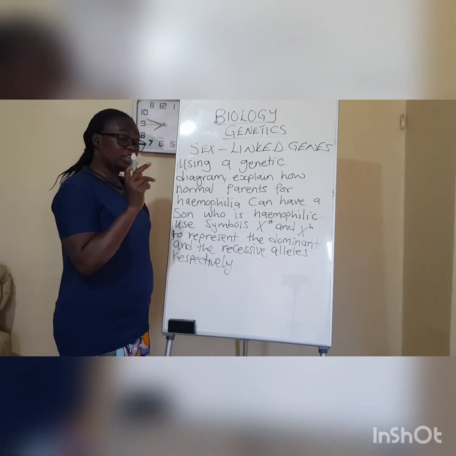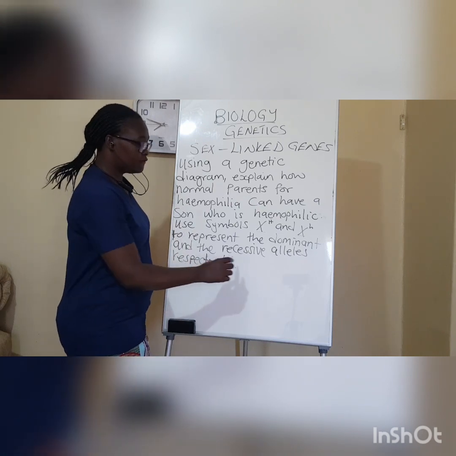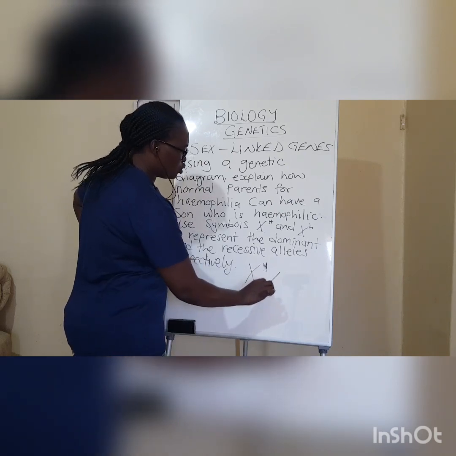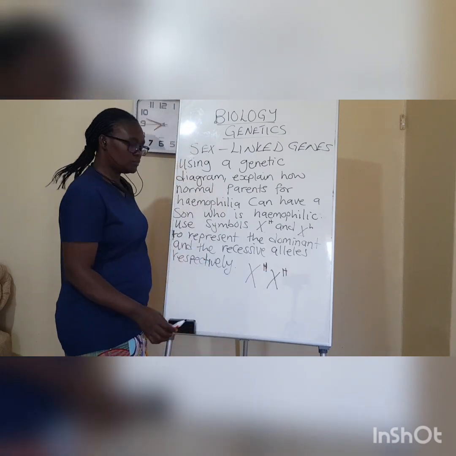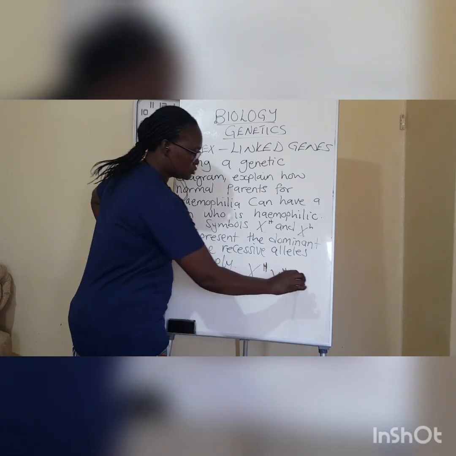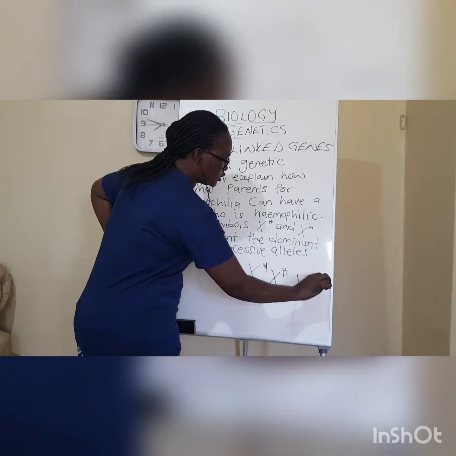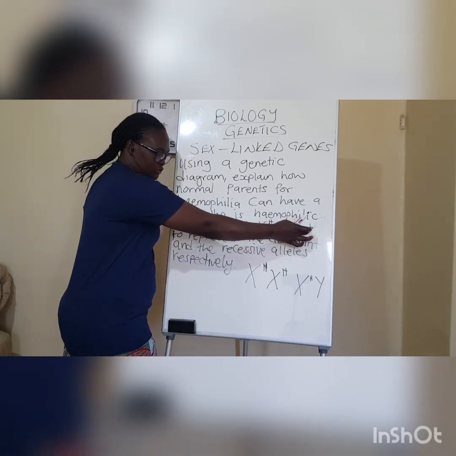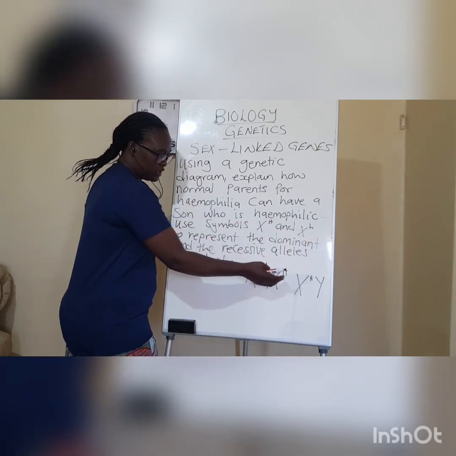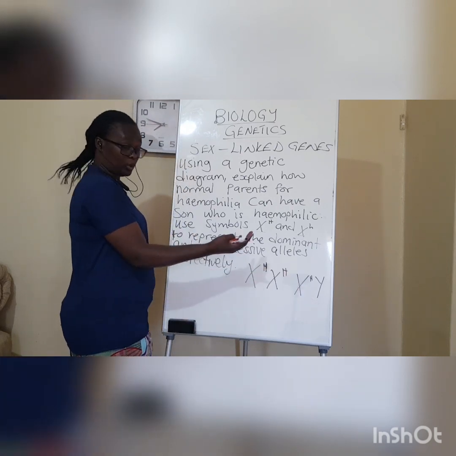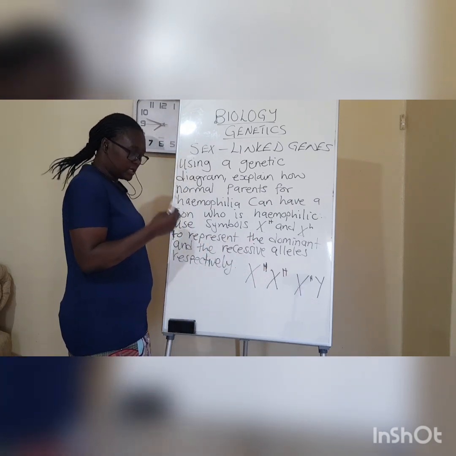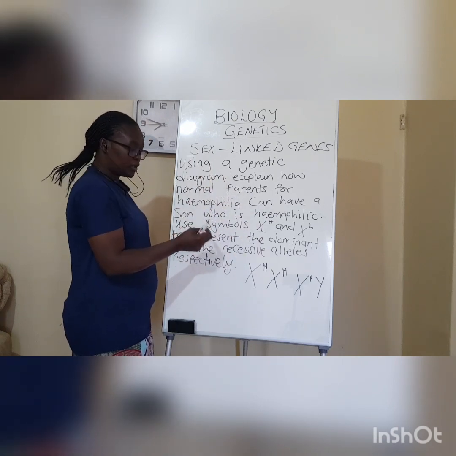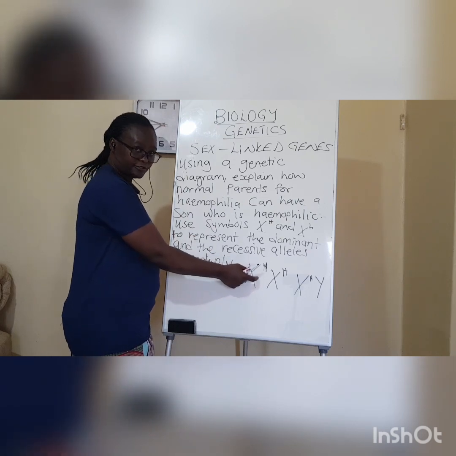So now we need to think properly here. For example, if we write the mother as having 2 capital H and the father who is normal, the father capital H and a Y, if you cross these two, you will not have a son who has hemophilia, because both the mother and father have capital H. So for us to write this genetic diagram, the mother should be a carrier.